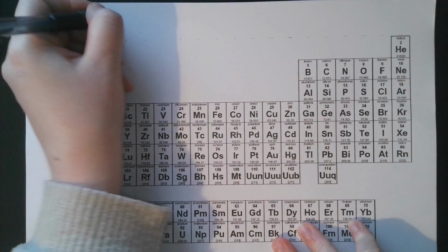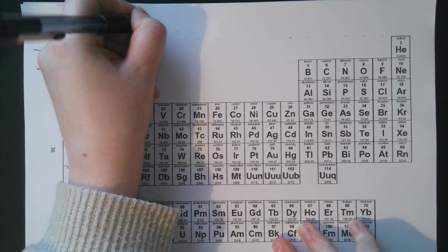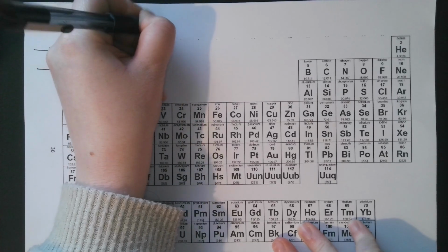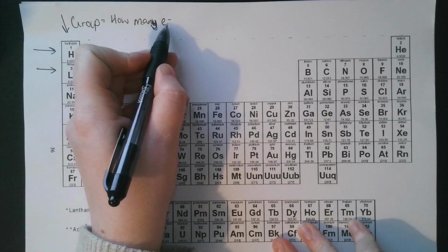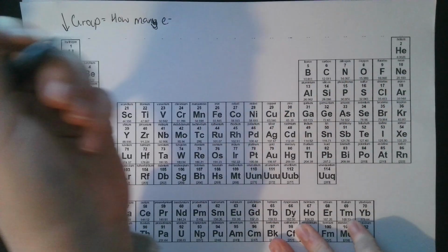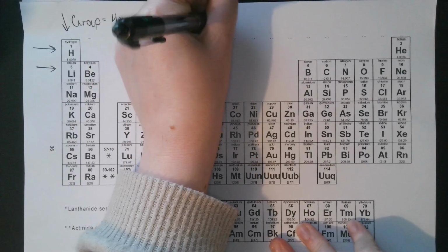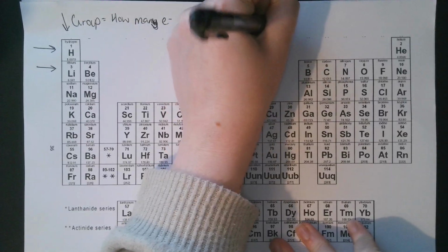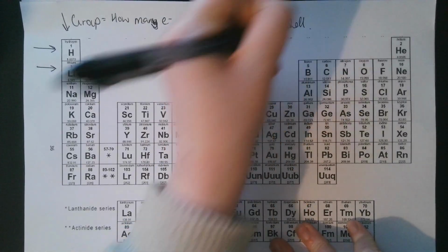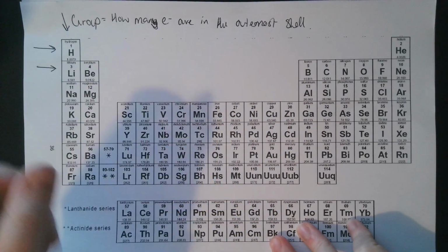And the group tells us how many electrons, and I'm using e minus to show electron, are in the outermost shell. So how many electrons are in the outermost shell?